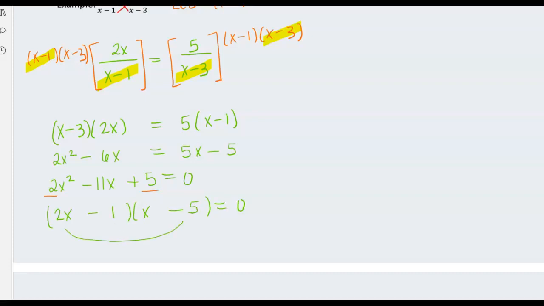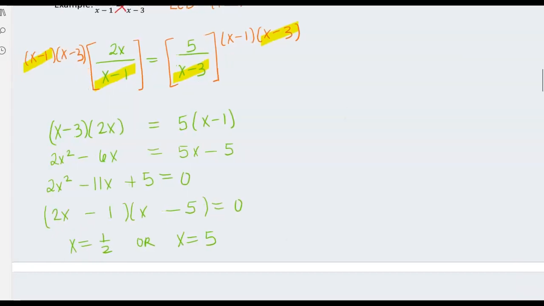And if I put a 1 here, that'll give me another minus 1. So minus 10, minus 1, that's that minus 11 in the middle. So that tells me that either x is equal to 1/2 or x is equal to 5.